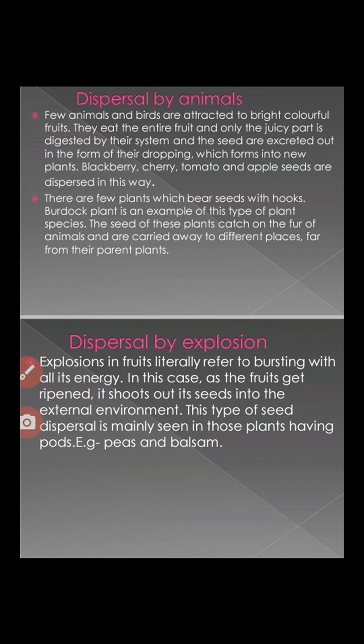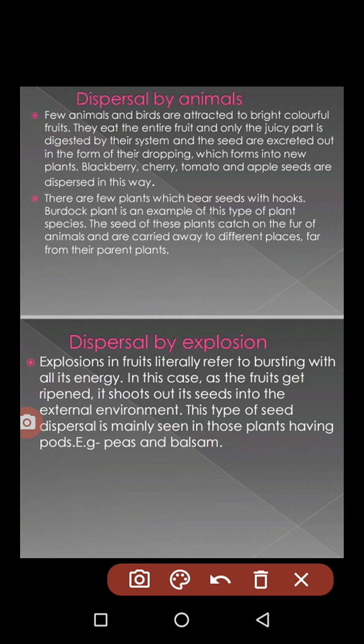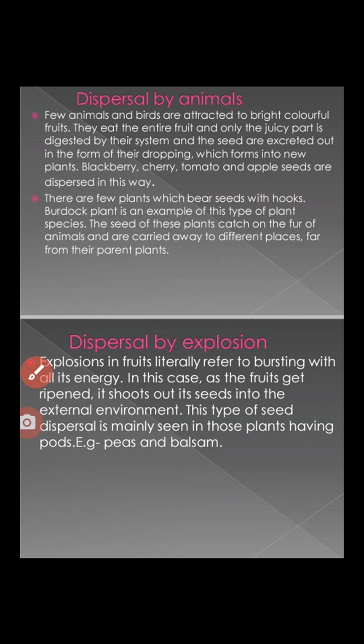When the seed gets dried, after weeks and months, it grows into a new plant, and from a small fruit it forms a big, huge tree, like blackberry, cherry, tomato, and apple. Seeds are dispersed in this way.